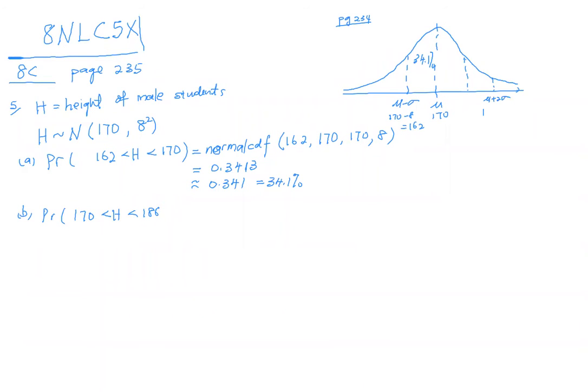So you see 170 plus 2 times 8. So I got 186. So this area is 34.1 and this area is 13.59. So the value for this, you can try to use your normal CDF and get the answer.